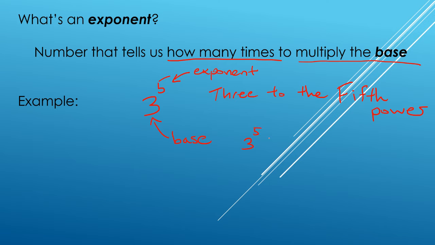So 3 to the 5th power actually means 3 times 3 times 3 times 3 times 3. And of course, we could figure out what that actually is. So multiply that out in your calculators. It looks like 3 to the 5th power is equal to 243.